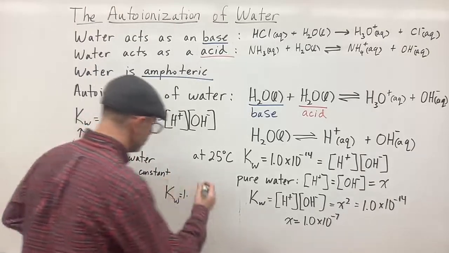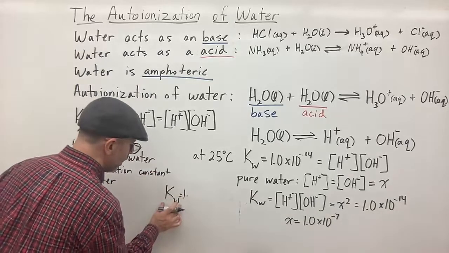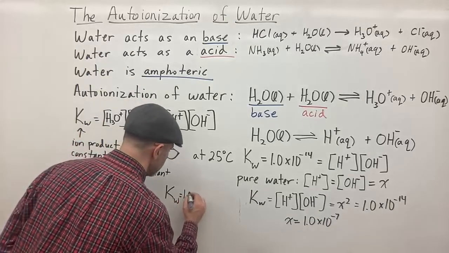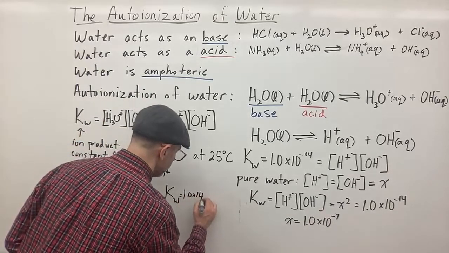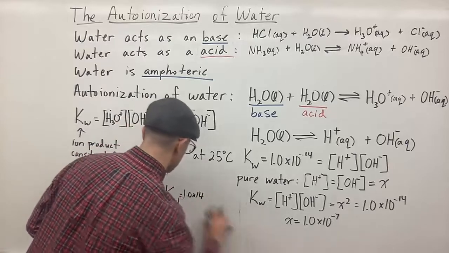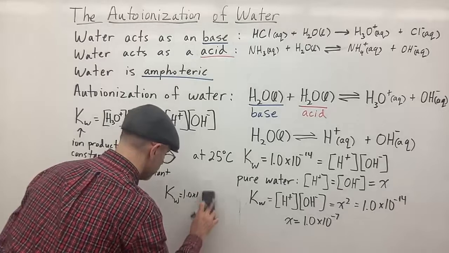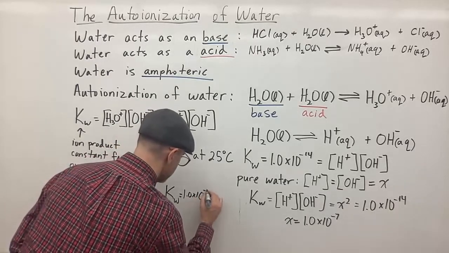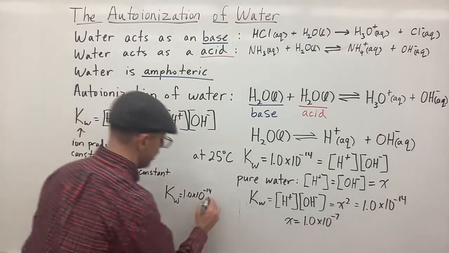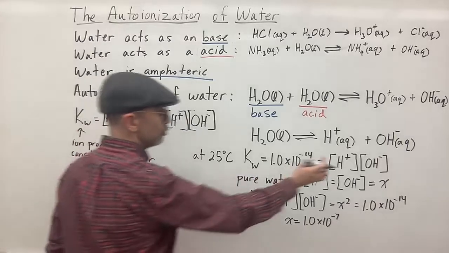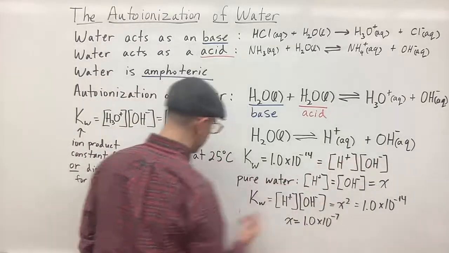So back to this. We have Kw is equal to 1.0 times 10 to the negative 14, and again, that's equal to H plus times OH minus.